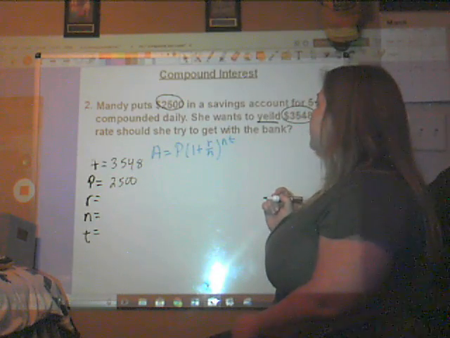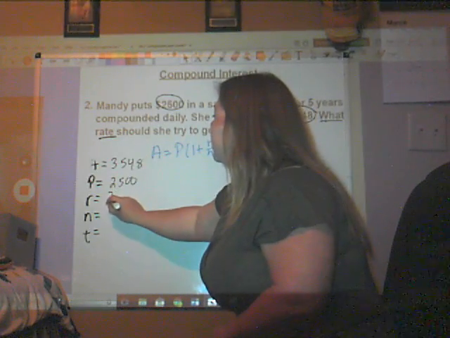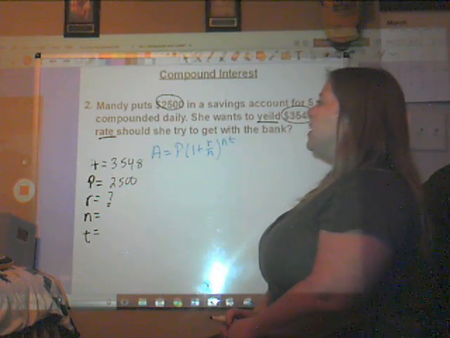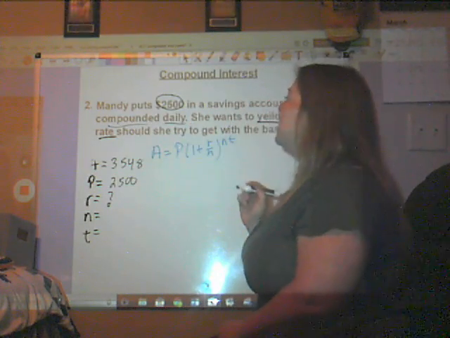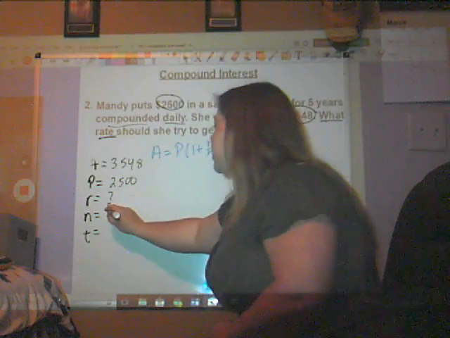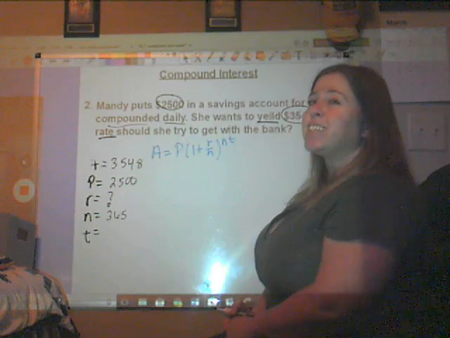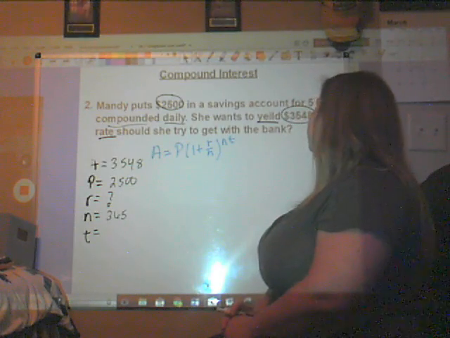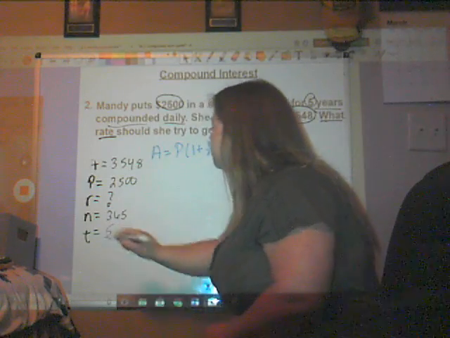Okay, R is our rate, and it's asking what rate, so we know we don't know that. N is how many times it's compounded a year. It says compounded daily, and we discussed that daily is 365 times a year. And T is our time in years, so we want to know how many years. It says 5 years, so 5 is our T.